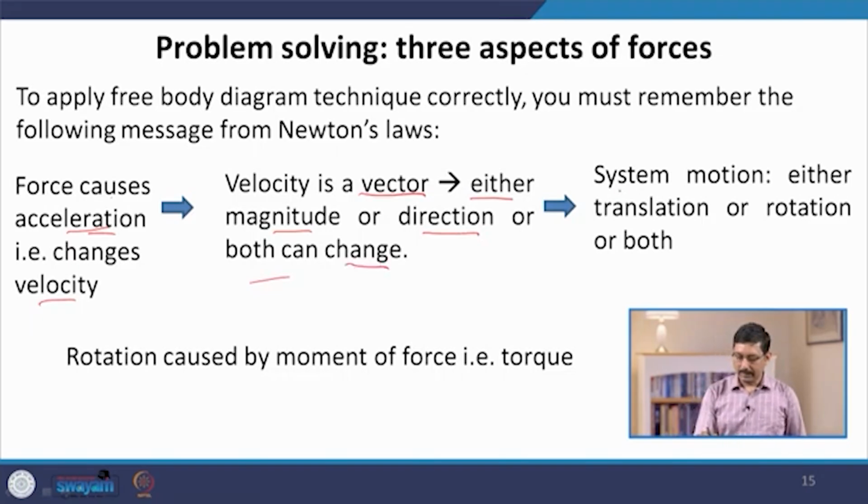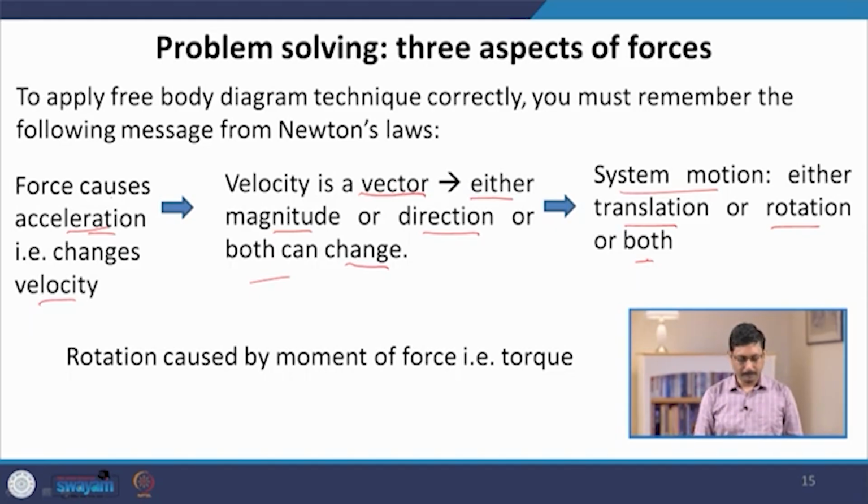That means the system can either move in a straight line, that is the translational motion, or it can rotate, or it can do a complicated motion which involves both translation and rotation together, such as the motion of a bicycle on a road.